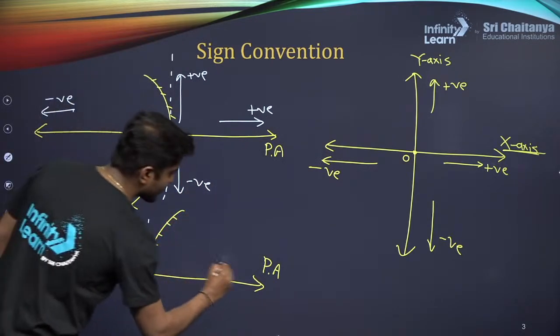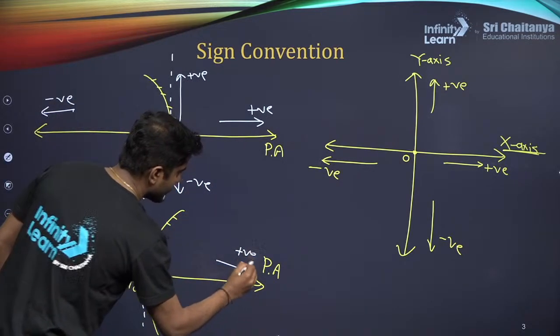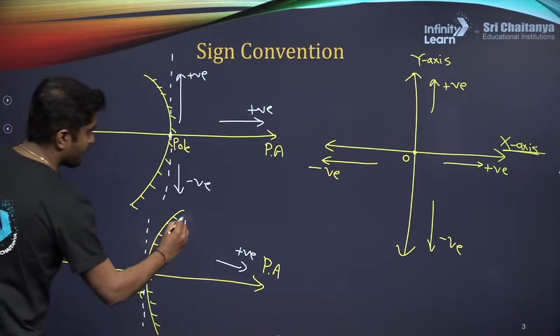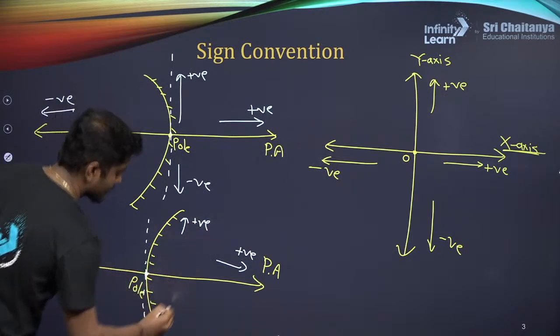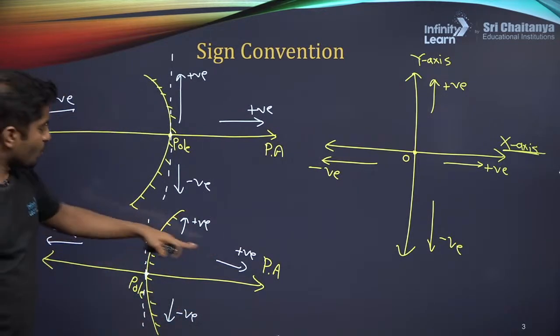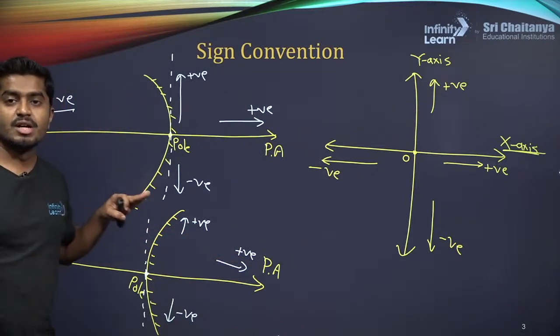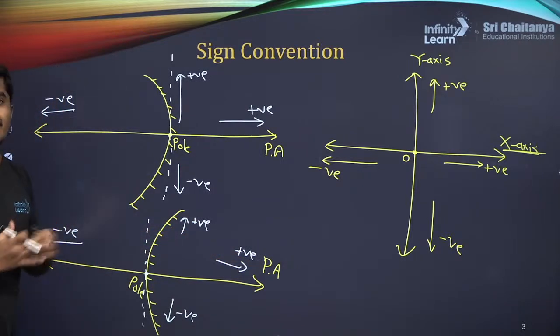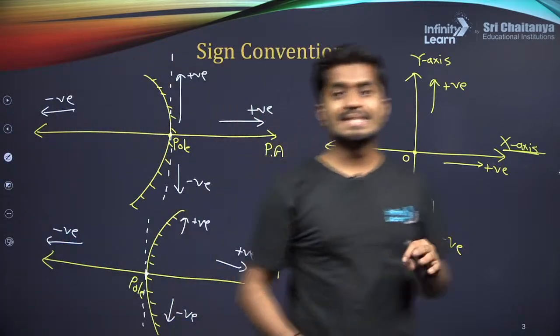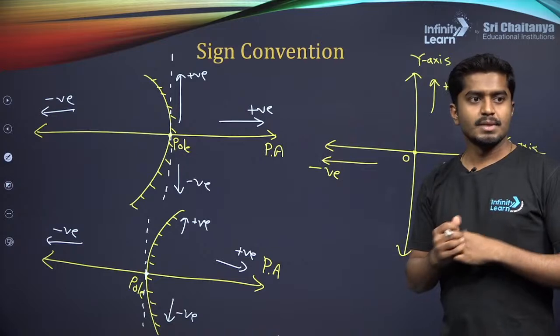Same here: if you go to the right, positive. Come to the left, negative. Go up, positive. Go down, negative. But what are these positive and negative? What do you measure? Is this clear, everyone? Whatever I have written, is this clear? Any questions until now?